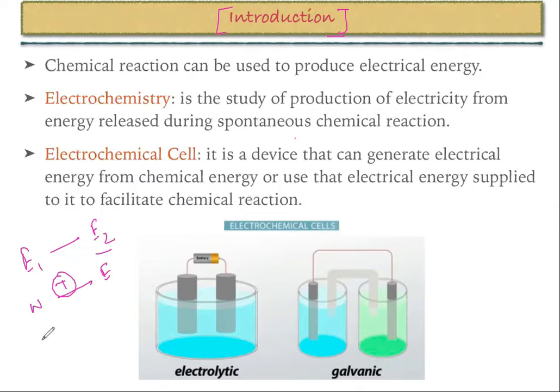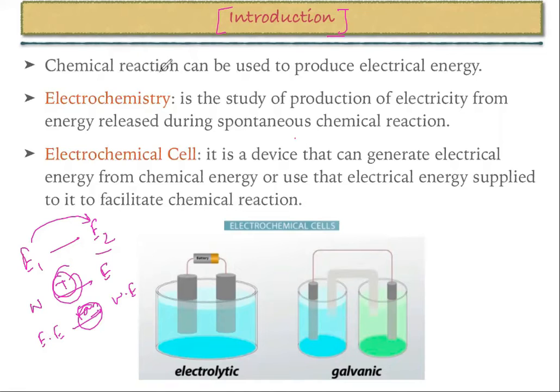An electrical fan uses electrical energy and converts it into wind energy, right? So there are various types of devices available which convert one form of energy to another. Now, in this topic, we are going to deal only with chemical reactions and chemical energy which is converted to electrical energy or vice versa.